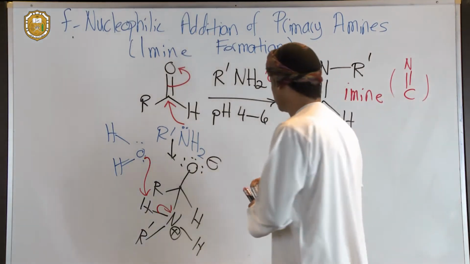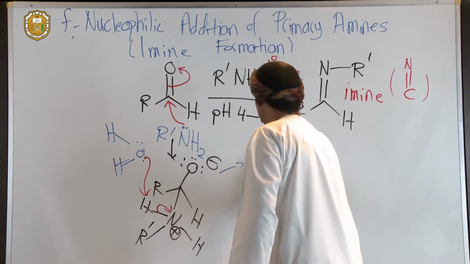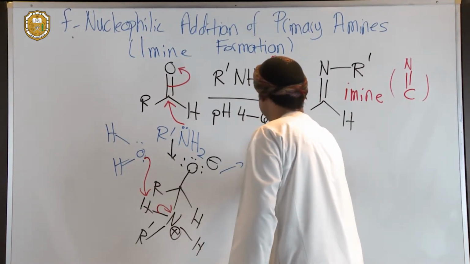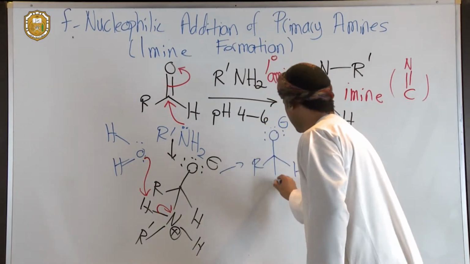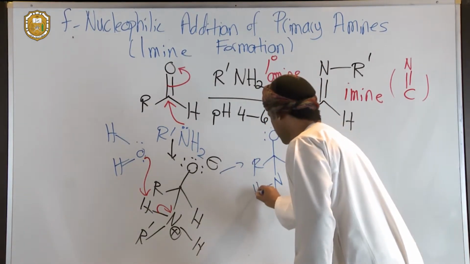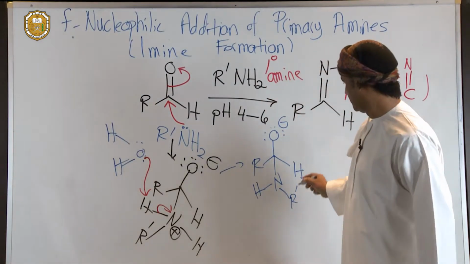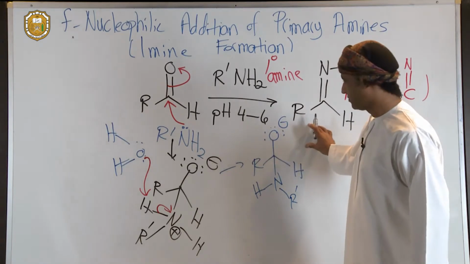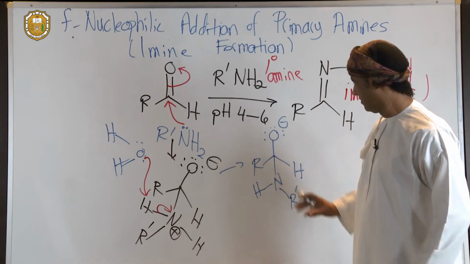Let's write the intermediate so that we understand what's going on. So we have now taken off one of these hydrogens on nitrogen, plus we have generated some concentration, if you like, of the hydronium ion.